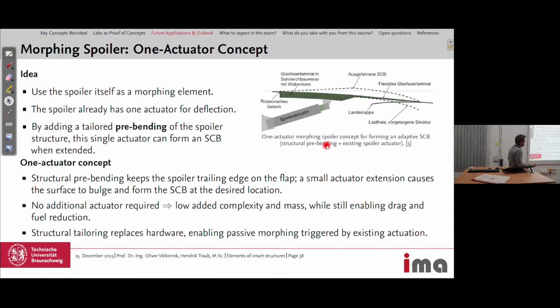The idea was to have this pre-bent surface and pull it in a bit so that it has the same geometry as the spoiler, so a smooth surface of the wing again. But if you slightly extend the actuator, it gets into the pre-bent shape again, and you get this bump.